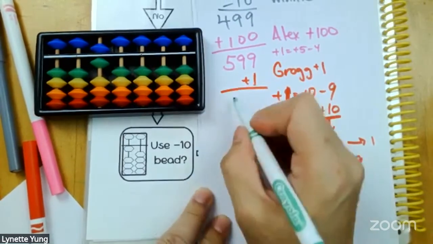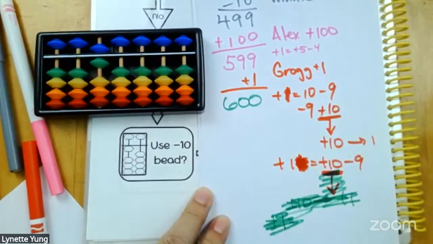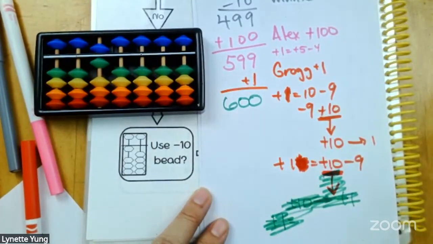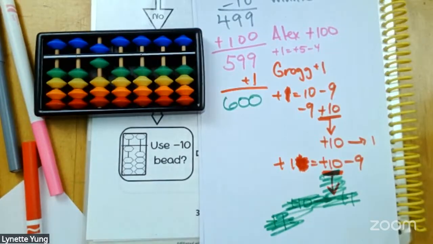So I have to remind myself I'm taking away 9 right away. The first time I'm saying plus the 10 minus the 9.